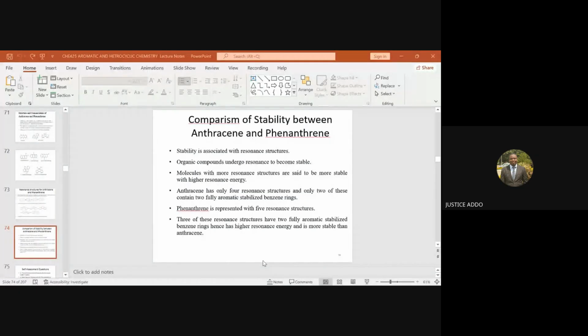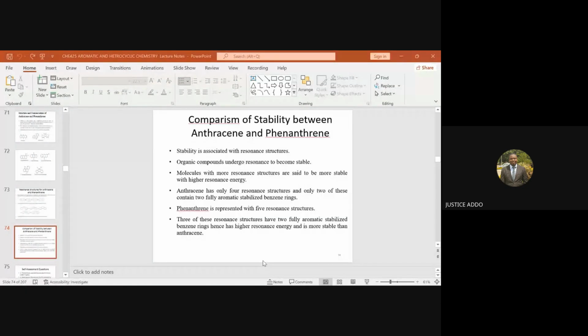Earlier on, I showed you a slide where we were comparing the two, and we said the two of them are all having 3 fused benzene rings. Just that in anthracene, the fusion is linear. The third one is linear, okay? Whilst in the case of phenanthrene, it is in what? Angular shape. Now, anthracene and phenanthrene are said to be isomers.